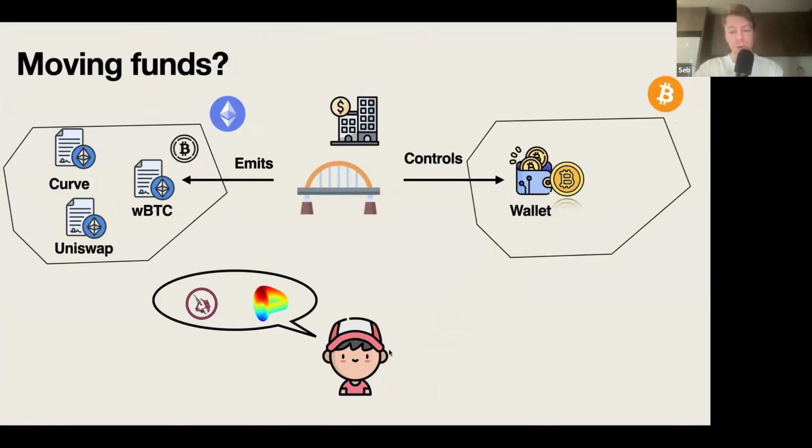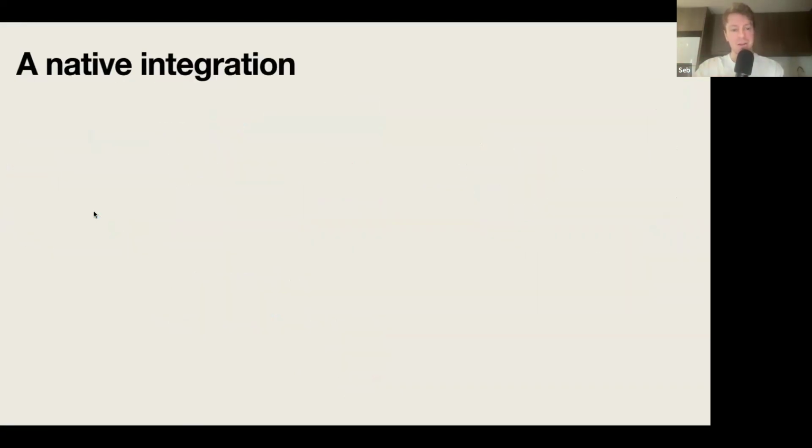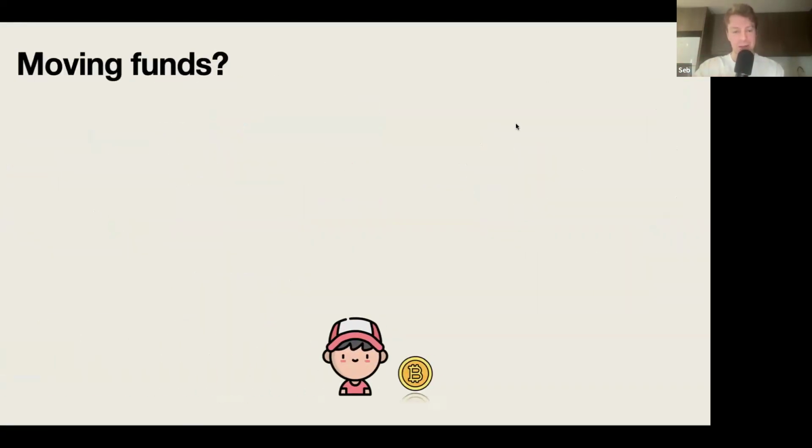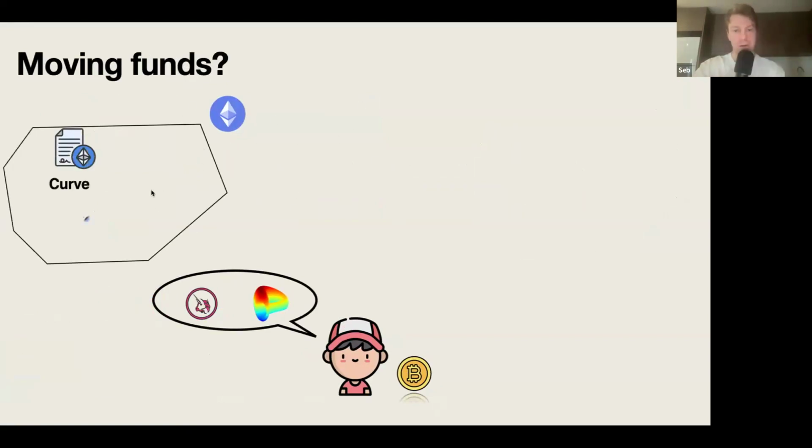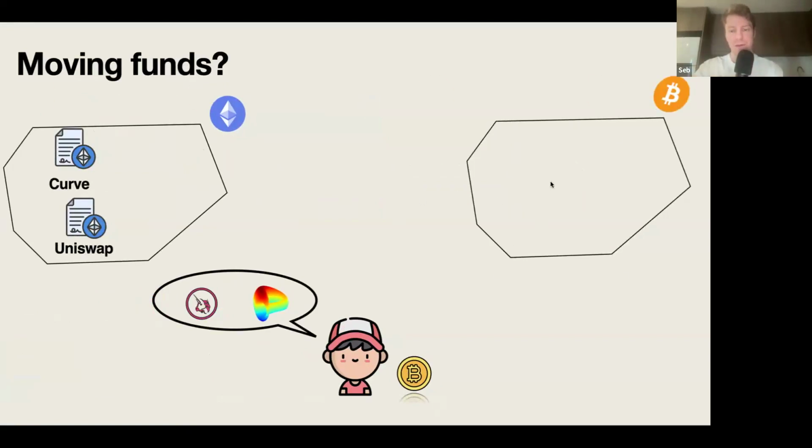So the problem is, how do we make it possible for Tom to be able to use his Bitcoin on the Ethereum chain? The solution has been to create a bridge. On the left we have the Ethereum part, and on the right the Bitcoin part, and this is a bridge.